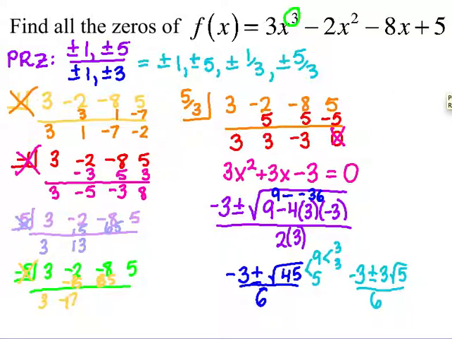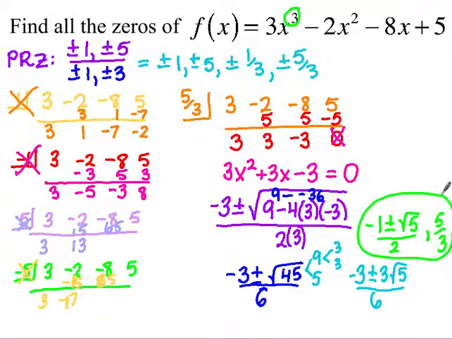So what'll that reduce to? Negative 1 plus or minus root 5 over what? Over 2. And then my other zero from before was 5/3. So those are your zeros.